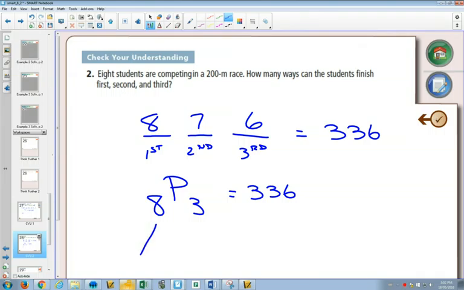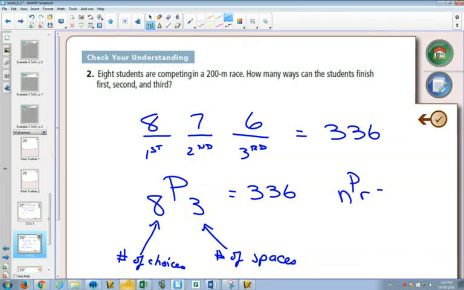But the 8 stands for your total number of choices, and the 3 stands for your number of spaces. Now, on the previous page, it shows you the formula, and this formula is on your formula sheet, that nPr is n factorial over n minus r factorial.